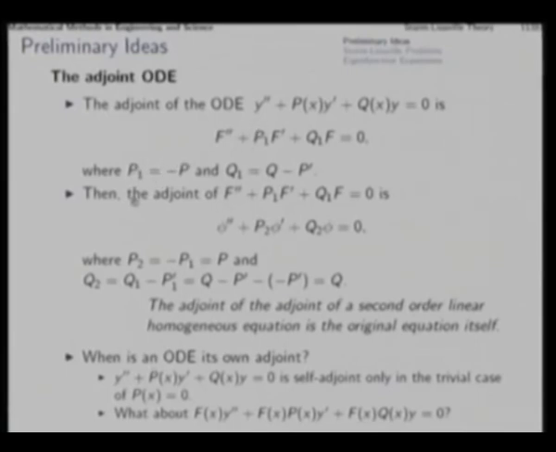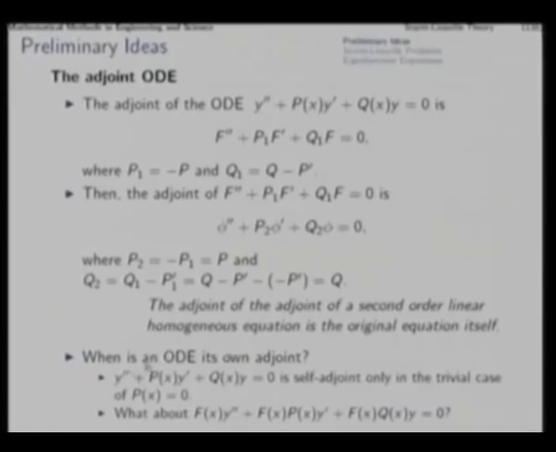So, for being equal as well as negative, it has to be 0. So, that means that this kind of a differential equation can be its own adjoint only in the trivial case when P is 0. Okay. So, if P is 0, then P prime is also 0 and Q1 is equal to Q. In that case, it will be self adjoint, that is the ODE will be its own adjoint.